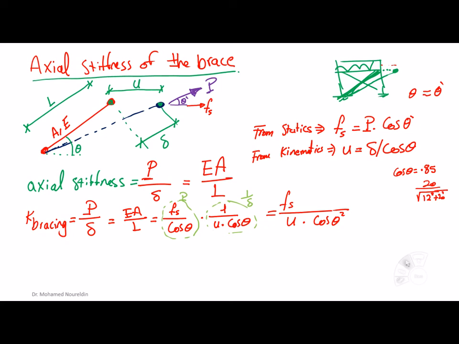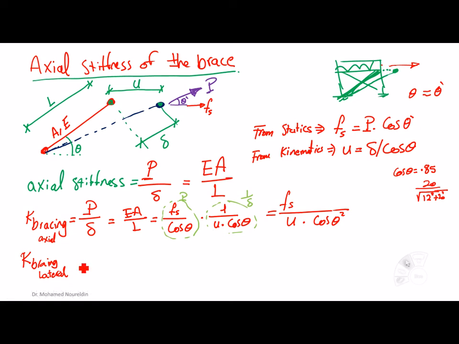Now we can say this is the axial stiffness, but we are interested in something else, which is what? The lateral stiffness. So K bracing, this is K, which is axial. And then I'm going to write K bracing, which is lateral. This lateral is the most important thing for us, for the frame. We want this lateral direction. What is the deflection and what is the resisting forces here?